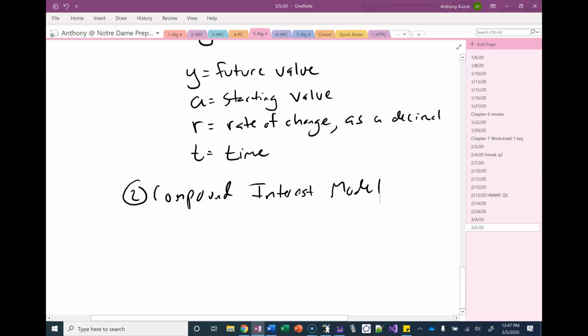So the compound interest model is FV equals PV times 1 plus r over n, to the nt power.